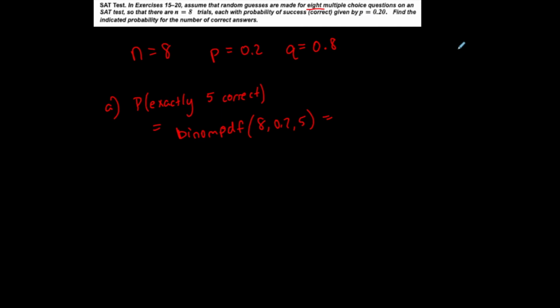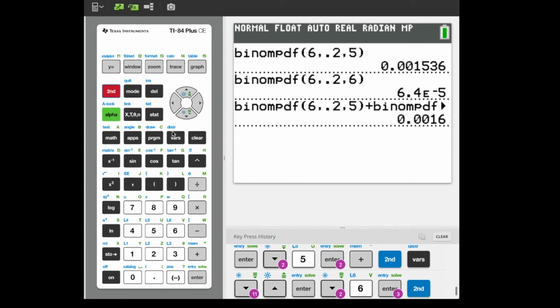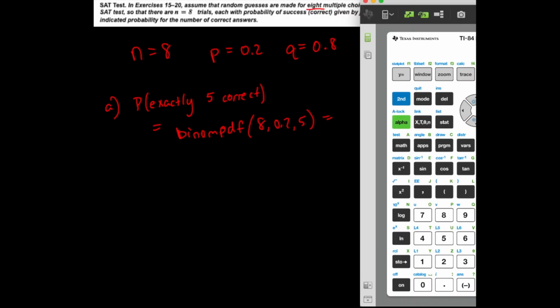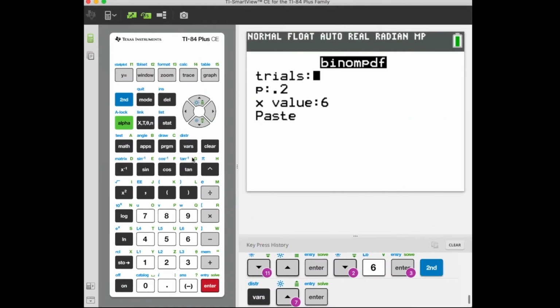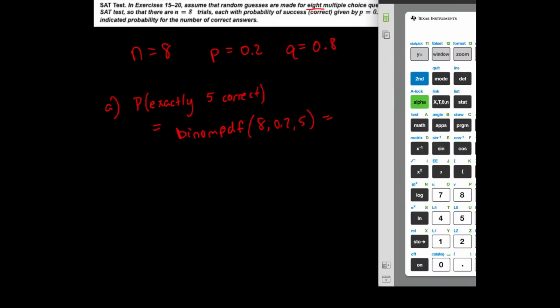Let me show you. I'll go through the calculator. Second vars, binom PDF. Where is it? Binom PDF. N was 8, P was 0.2, X value was 5. So this is 0.0, very, very unlikely.